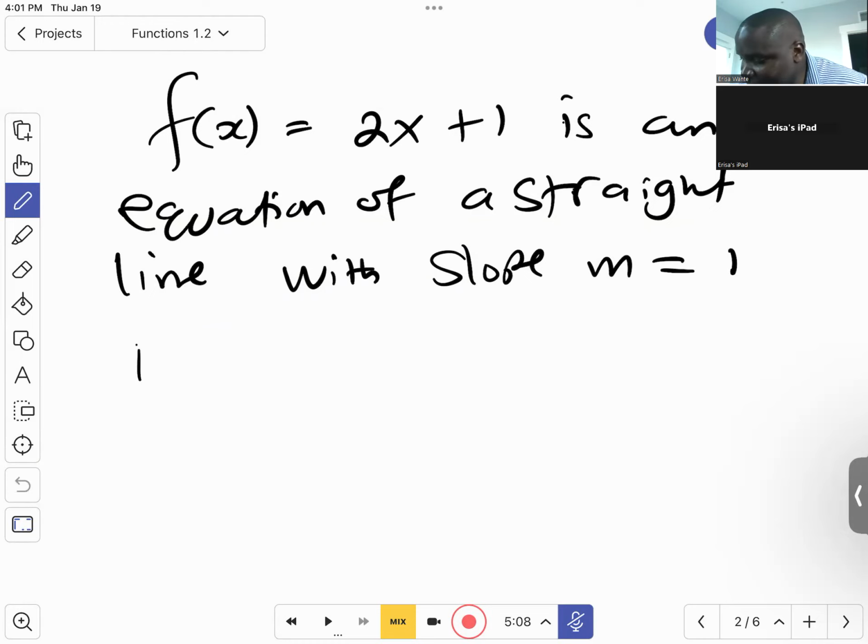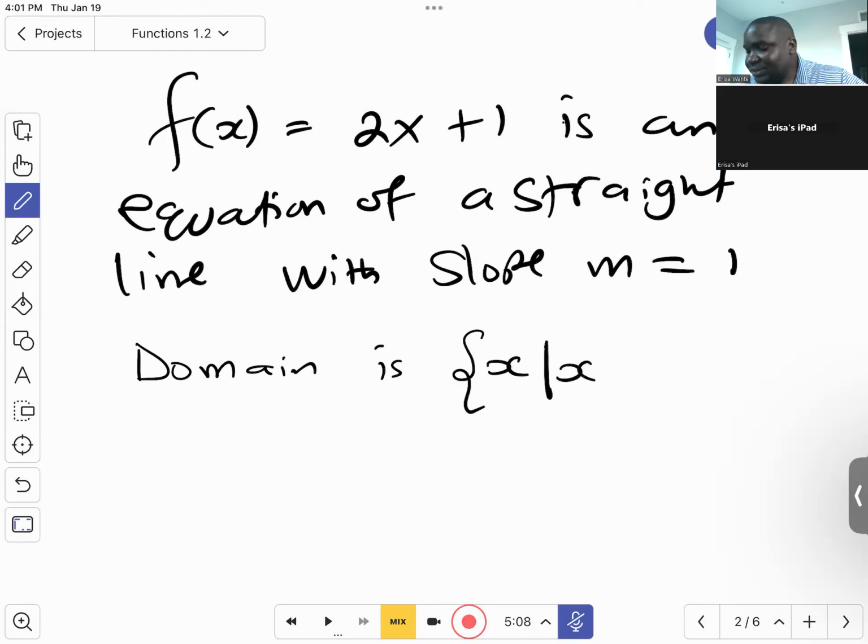So the domain here is the set, and I want to talk about this in interval notation. The domain is the set of x values such that x is from negative infinity to infinity.